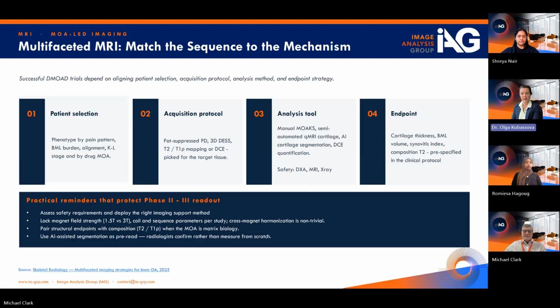To use AI as a segmentation for a pre-read, that's becoming a must-have tool. So we often deploy automatic segmentation of tissues, of parts of the hand, knee, shoulder, any other modality, just to have that information available to a radiologist to conduct the scoring systems. And we move to the next slide.